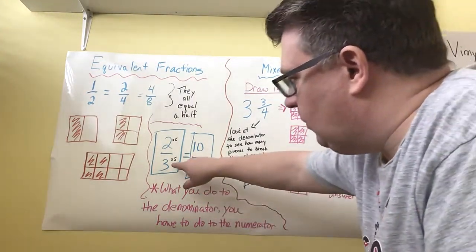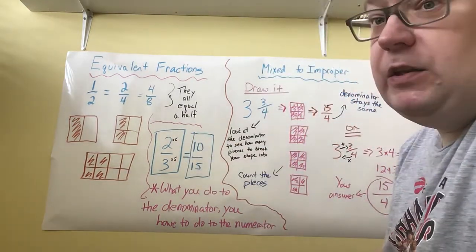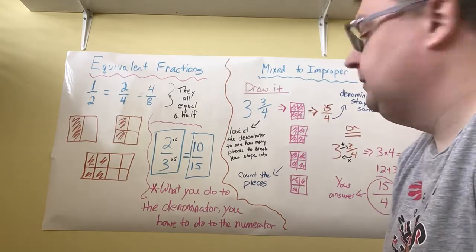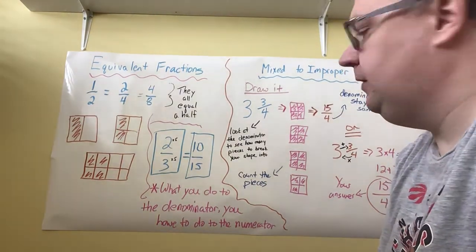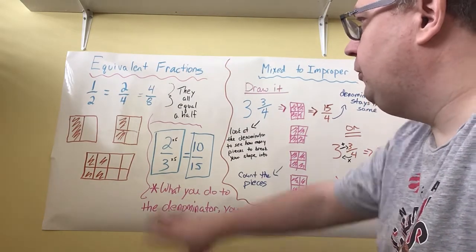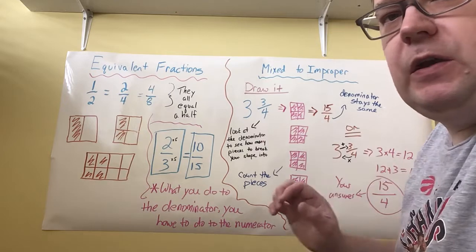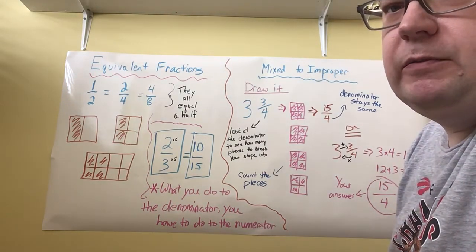You can't just do one thing and leave the numerator out, because then you do not have an equivalent fraction, you will have some other sort of fraction, okay? I have 3 things to talk to you about, and then I'll show a couple of examples when we're done.